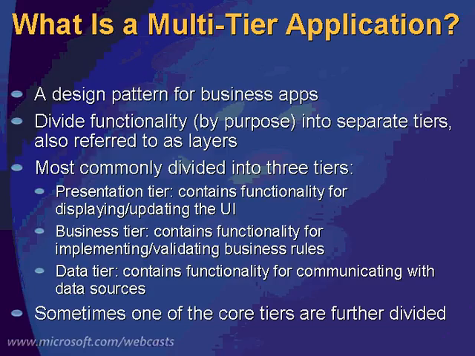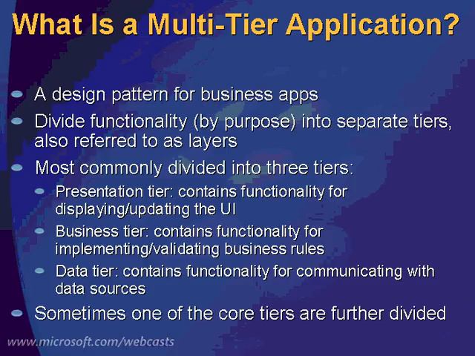So if you refer to a separate tier or a separate layer or even a multi-layer application, we're really talking about the same thing. And really what we're talking about is dividing the functionality of our application into these separate tiers. It's most commonly divided into 3 tiers, which I've listed on this slide.